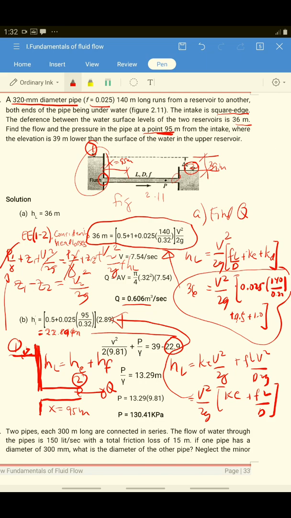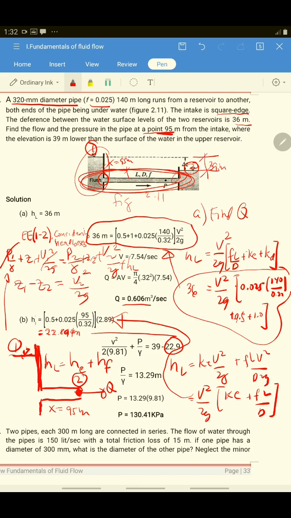Sorry, I have to repeat again. P2 is not exposed to atmospheric pressure, because it is somewhere in the pipe.